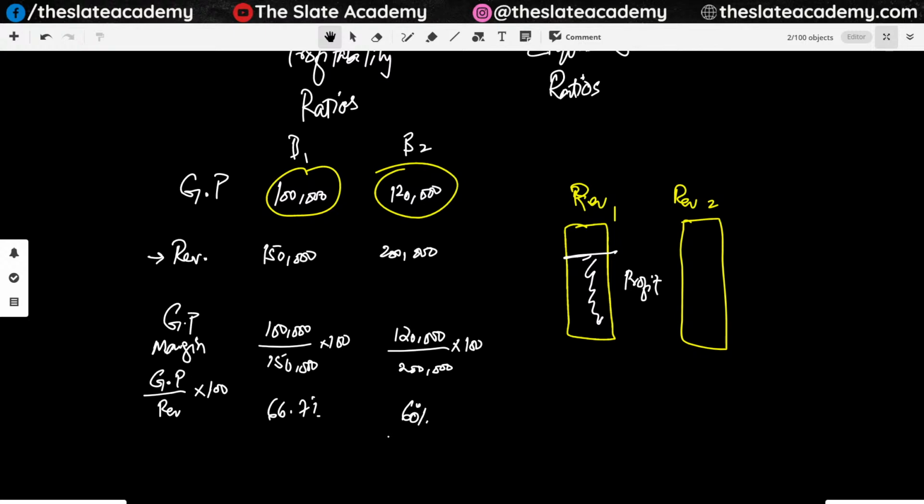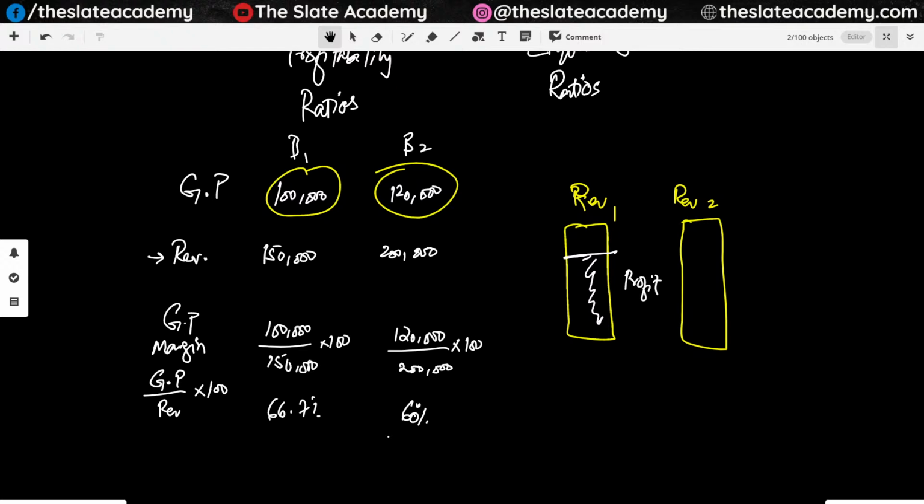Okay. Acha. The next thing that we have to know is there is a third ratio. It could change from industry to industry or scenario to scenario how competitive you are.